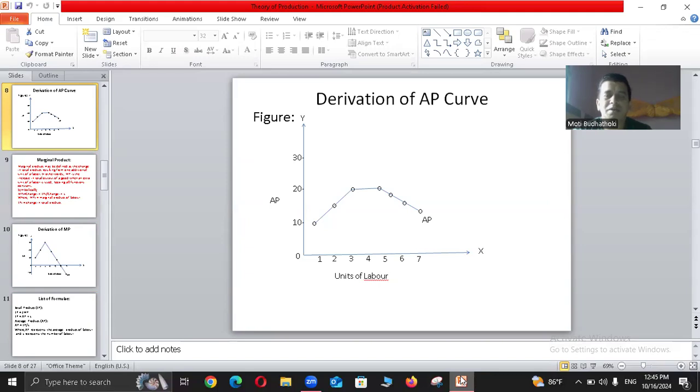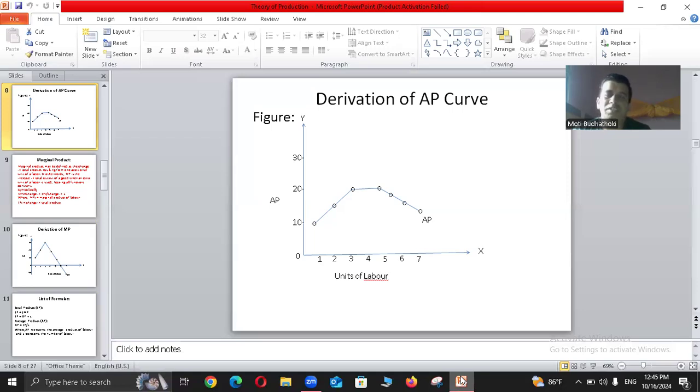We can see here the different combinations of AP. In the beginning, the first unit of labor gives 10 units, the second unit gives 15, the third unit gives 20, the fourth unit gives 20, and the fifth unit gives a lower level of average product. If we keep using more units of labor, it gives less output.